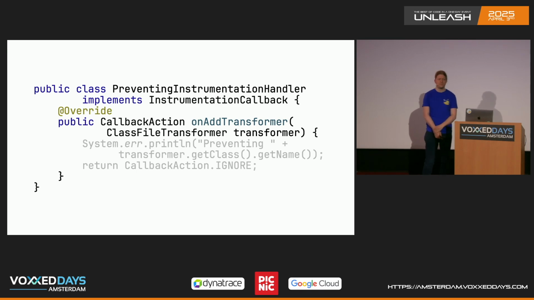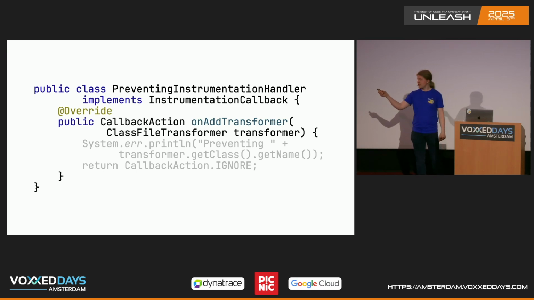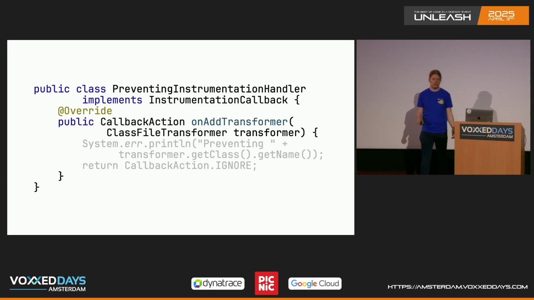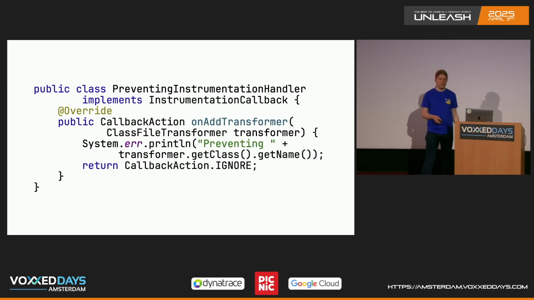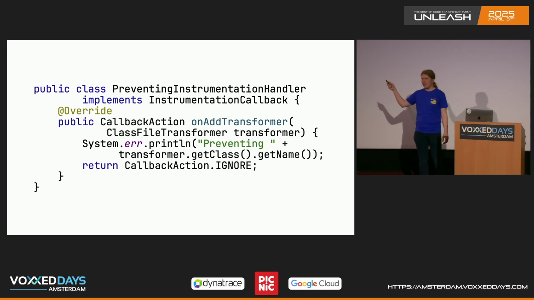So yay. And so what this does is, at addTransformer you can return an action, for example, ignore, so the transform method is just ignored, or you can return OK, and then it's added. For example, here we prevent you from adding this transformer, and we just ignore it. We don't fail, we just ignore it.